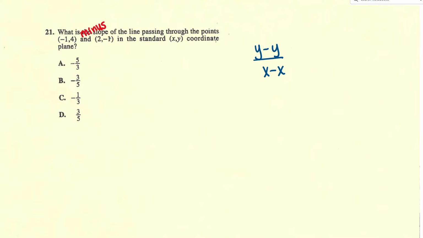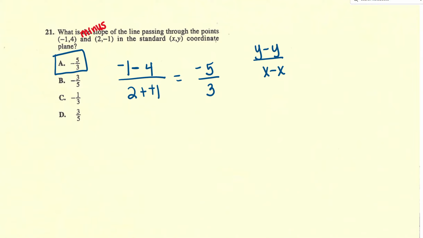So these y's, -1 minus 4, then 2 minus -1, 2 minus -1. So I get -5 on top, and two wrongs make a right, but only in math class. And so -5 over 3 is -5/3, or A.